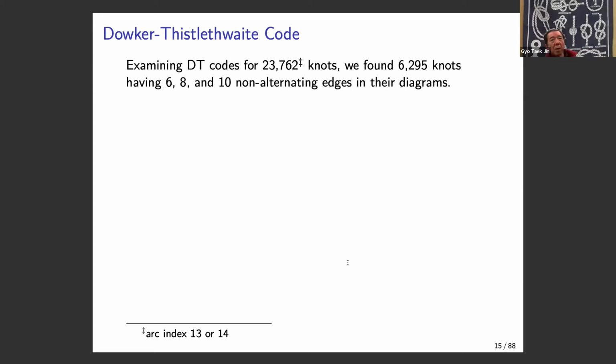And then we found 6,295 knots having 6, 8, or 10 non-alternate edges in their diagrams. Diagrams here mean from the DT codes from Netscape.